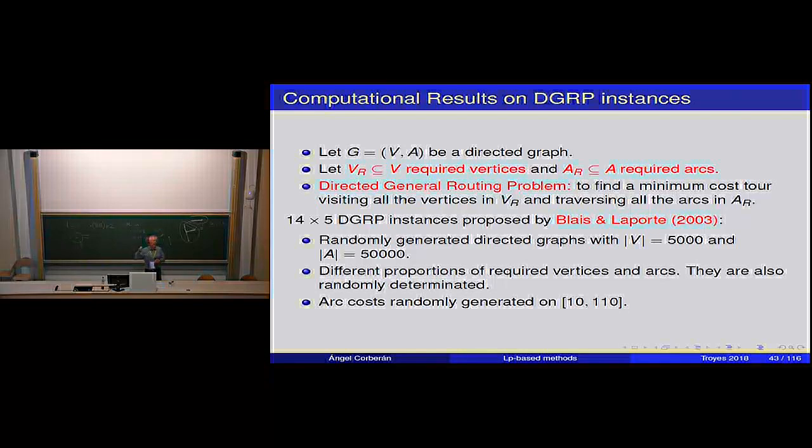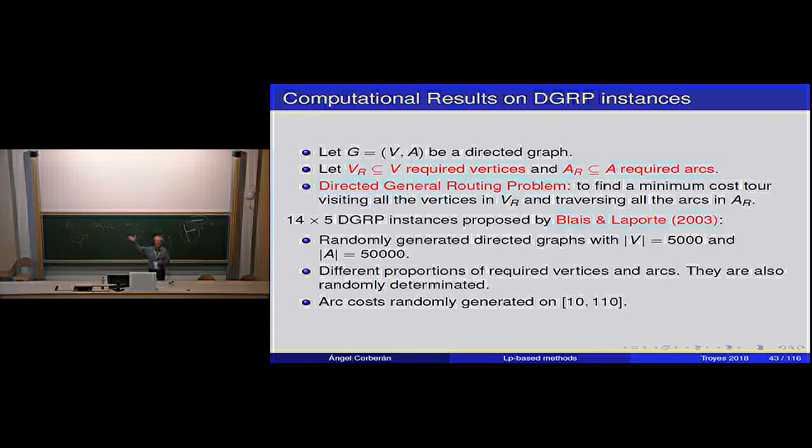So one way of solving arc routing problems is transforming them into equivalent node routing problems and then using the existing and good methods for node routing problems.